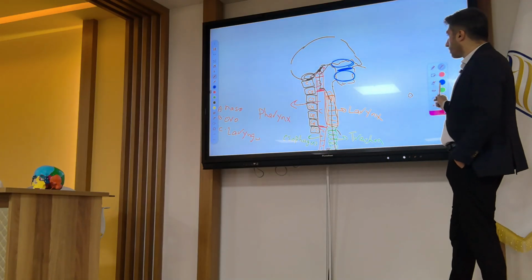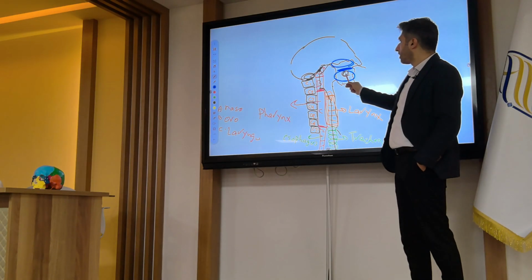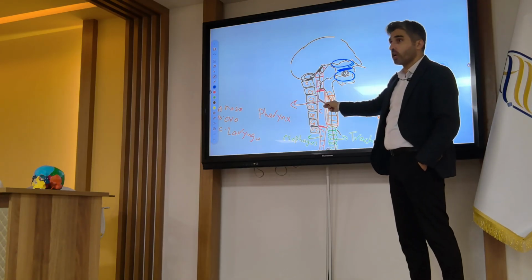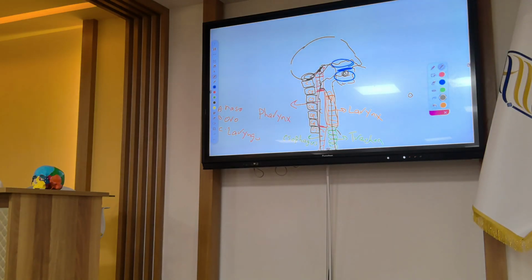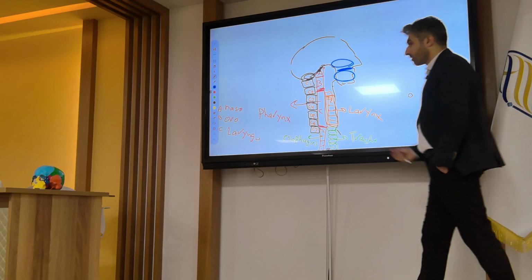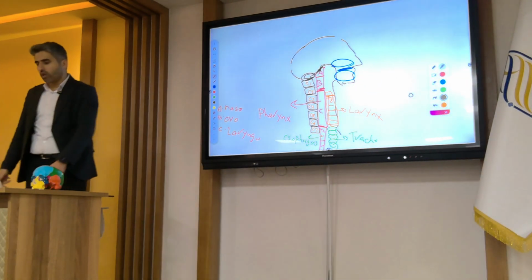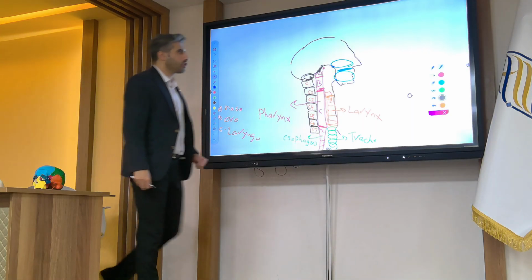But food from the oral cavity goes to the oropharynx, then goes to the laryngopharynx, and then goes to the esophagus. Okay? This is the pharynx and larynx location. So for this reason, we say the basilar part has the pharyngeal tubercle.